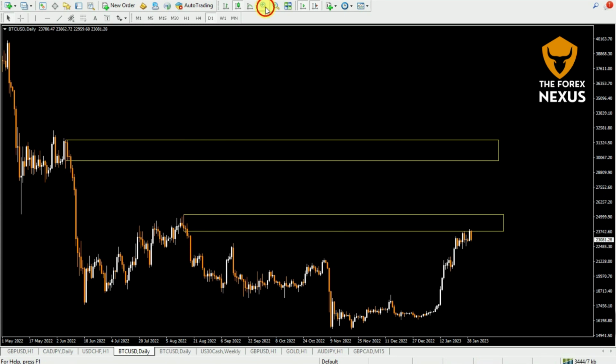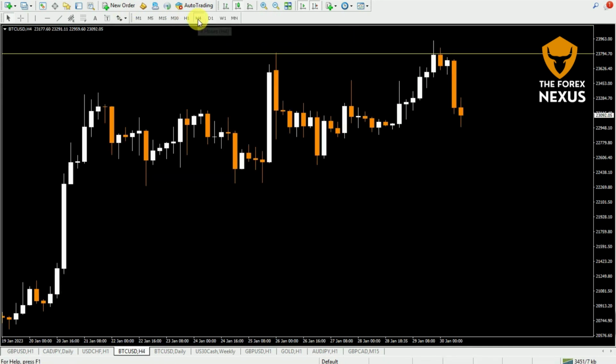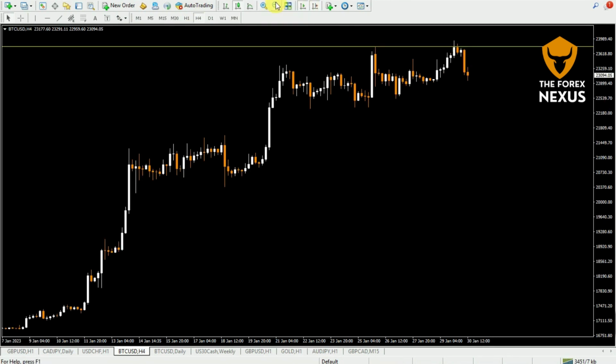Now here, if you are a swing trader, we will wait for the confirmation. What kind of confirmation? Let's check out H4 and draw a trend line here. Currently the market is below the trend line.